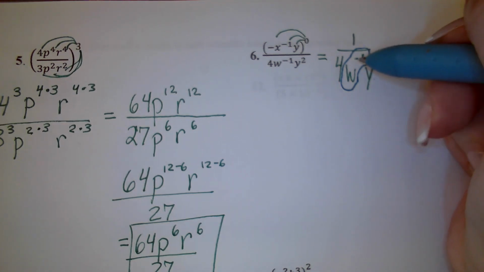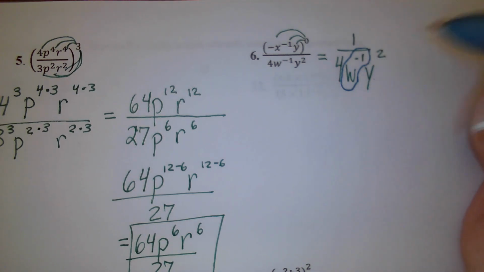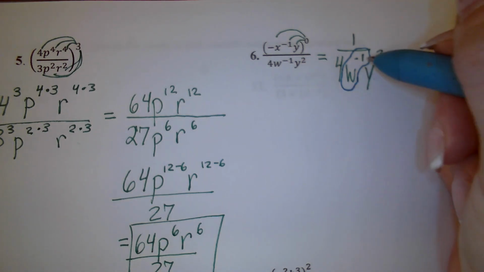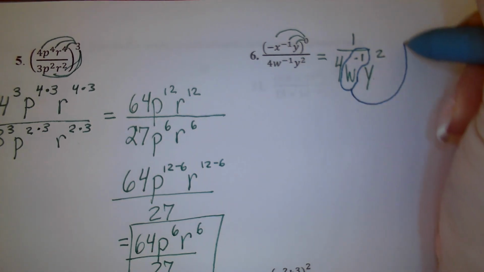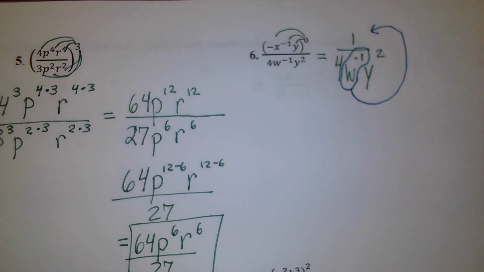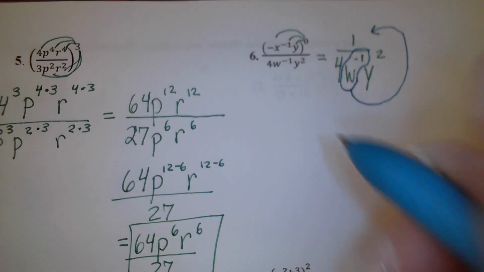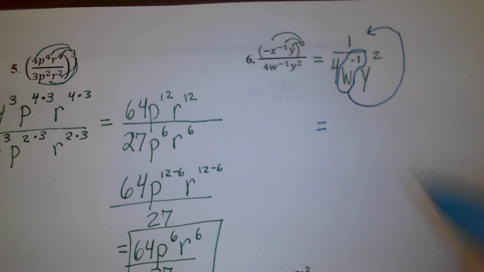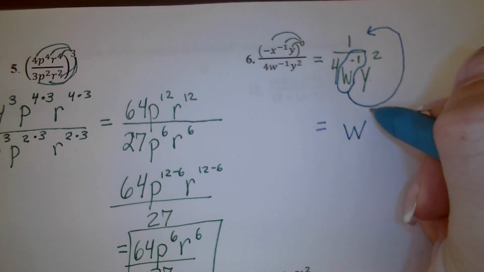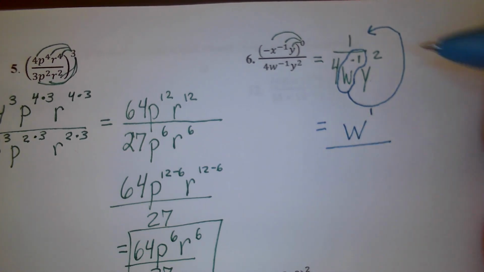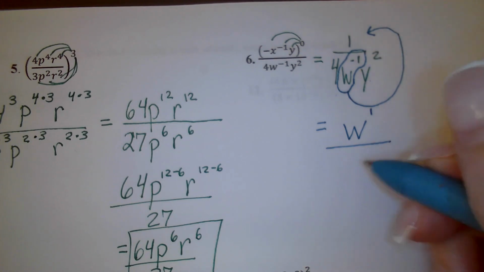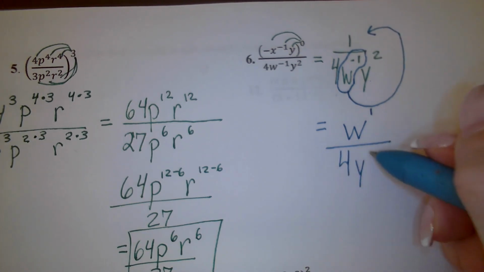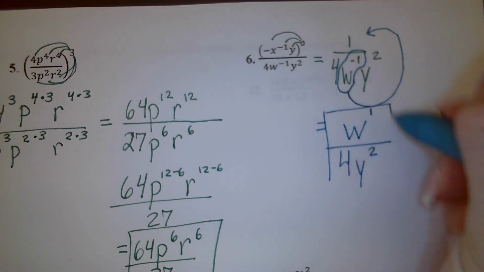When we do that, the negative exponent becomes positive. So here, w to the negative first power is going to move to the top of our problem. That becomes w to the power of 1 over, and now it's no longer in the bottom, so we just have 4y squared left over.